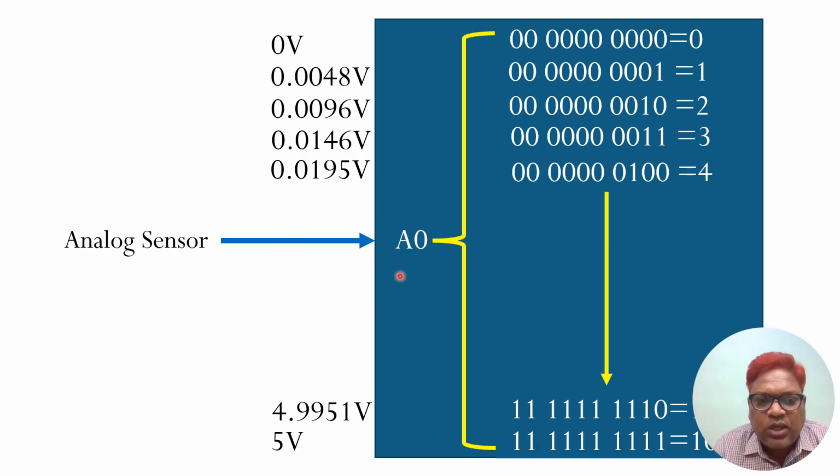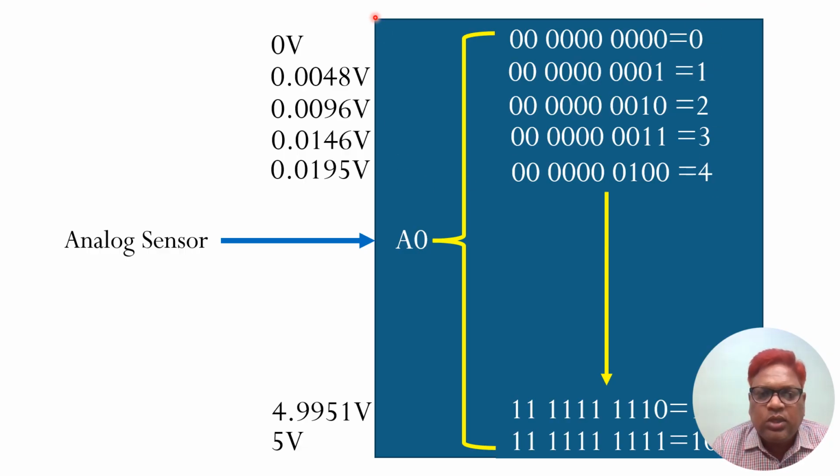Analog inputs are normally connected to an analog sensor. The analog sensor has a step size or resolution of 0.0048. For this step voltage, there is a corresponding change in the output decimal number.